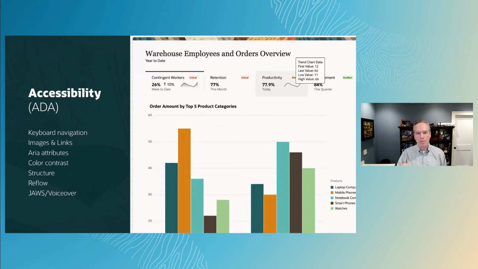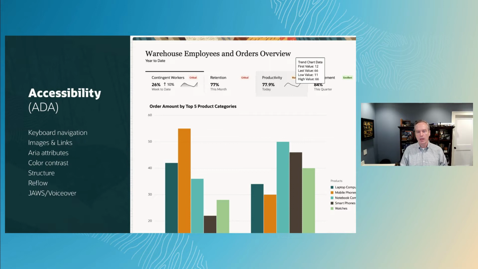Accessibility. I want to take a moment to really drill in on this because this is a super important topic. Accessibility of your applications for all users, the ability to deploy these applications for customers who demand a high level of accessibility. It's very important, but in the past it has also been very challenging.